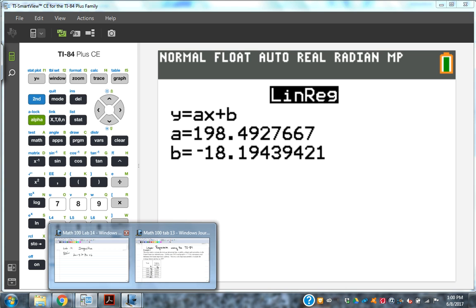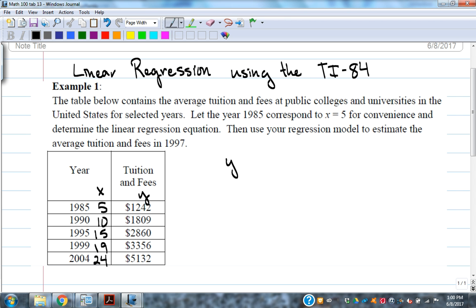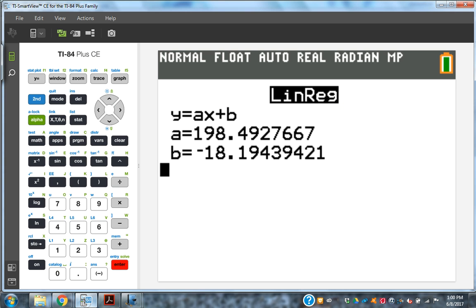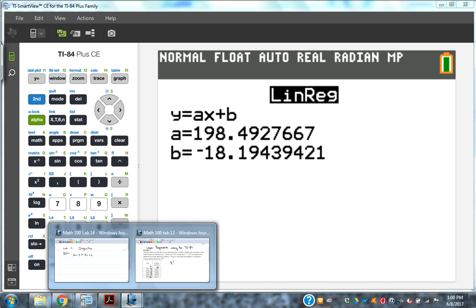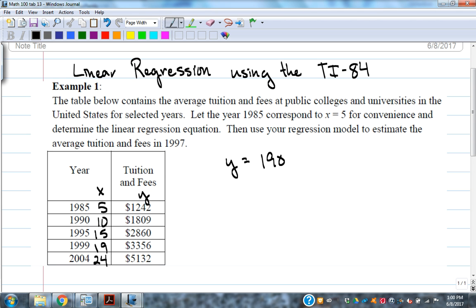So our equation for regression here is y equals 198.4928x minus 18.1944, rounding that to 4 places. Okay, that's our equation.